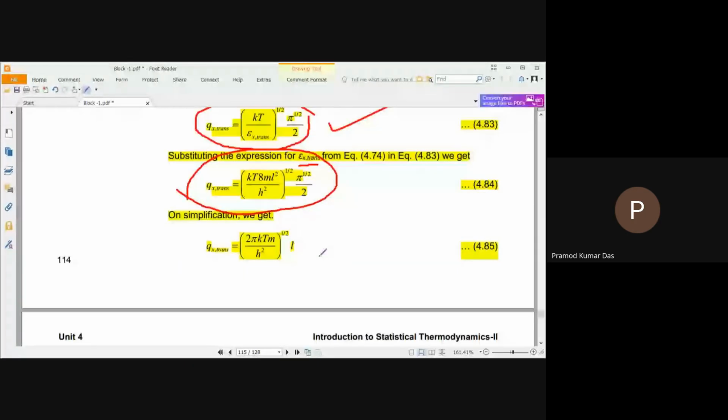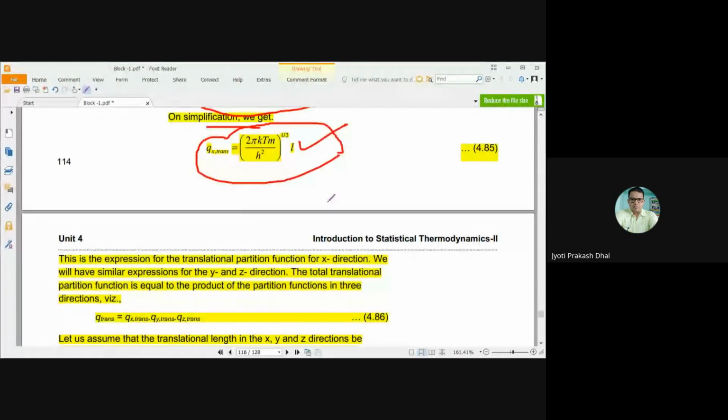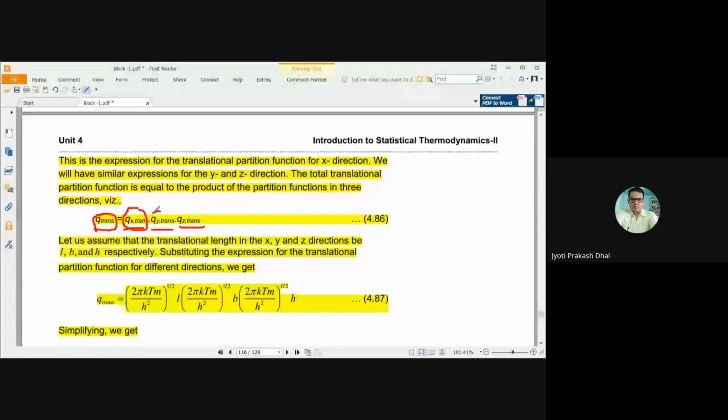Now, on simplification, the translational partition function along the x-axis, Qx translational, equals (2 pi kTm divided by h square) whole to the power half into L. This is along only one dimension, the x-axis.